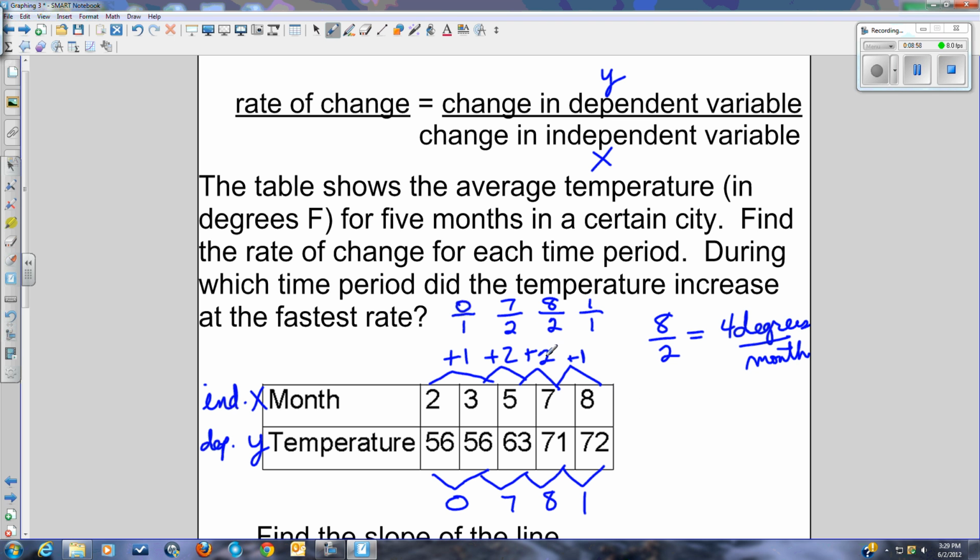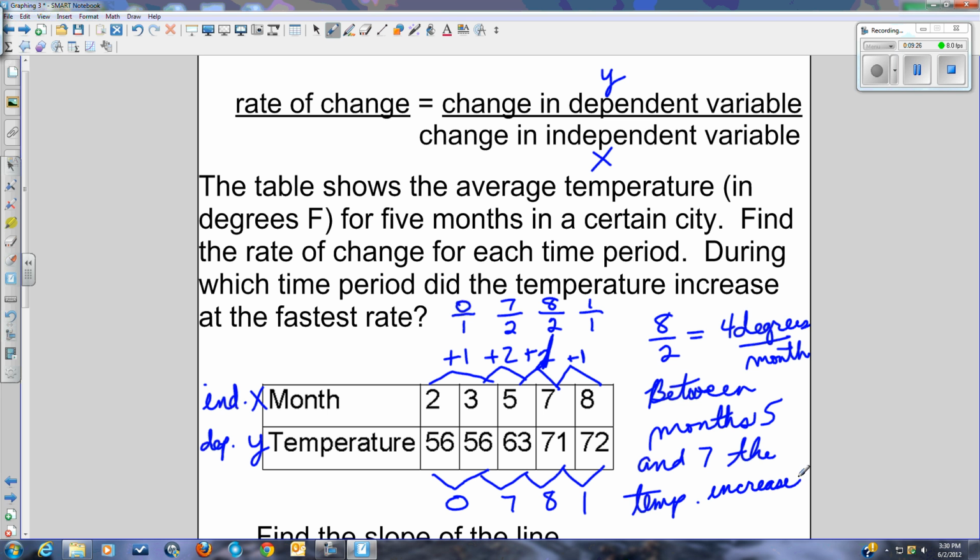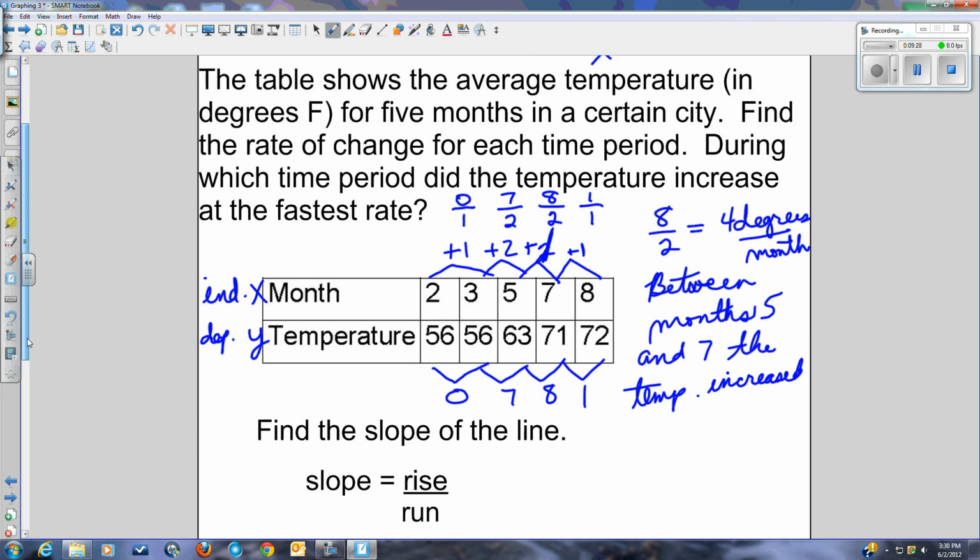And that occurred between, well, let's see, right here, between months 5 and 7. So we'll say between months 5 and 7, the temperature increased at the fastest rate.